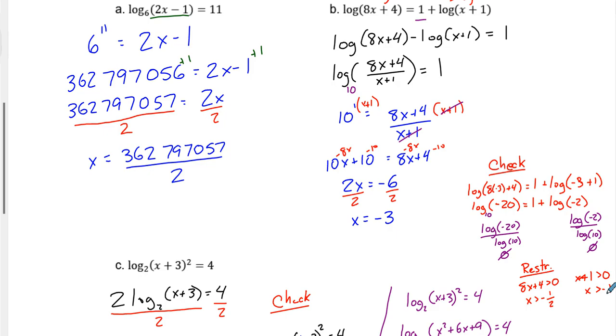But there's one of these two restrictions that's more dominant than the other. And I like talking about this using a number line, because negative 1 is there, and negative 1/2 is bigger than negative 1.